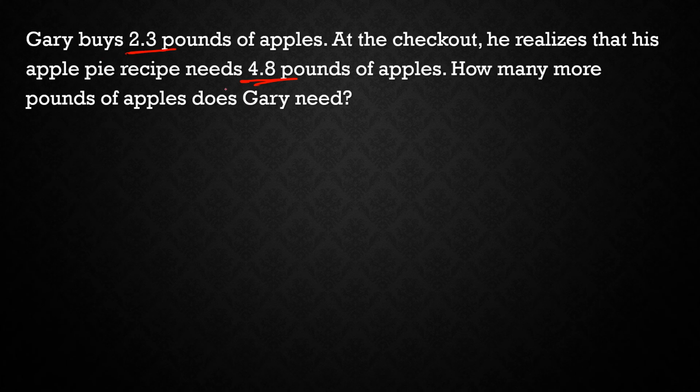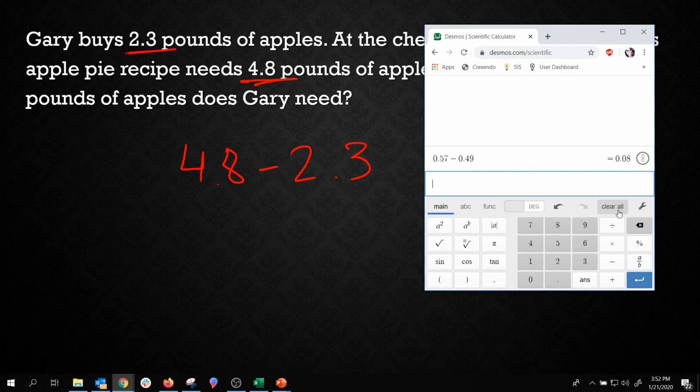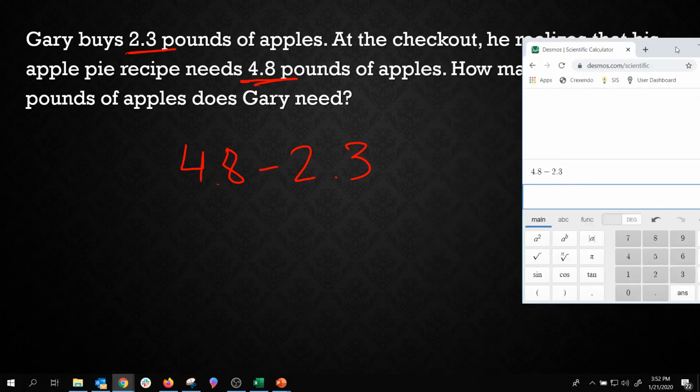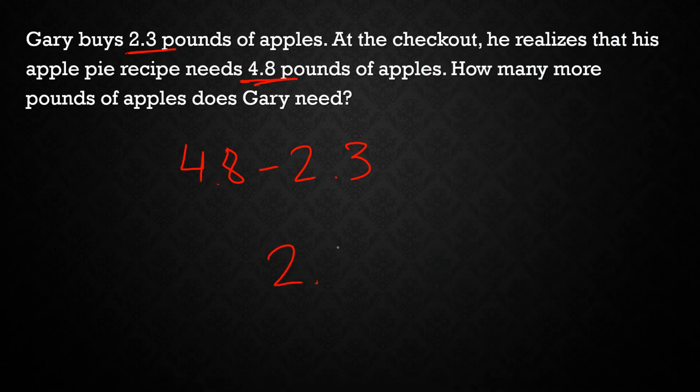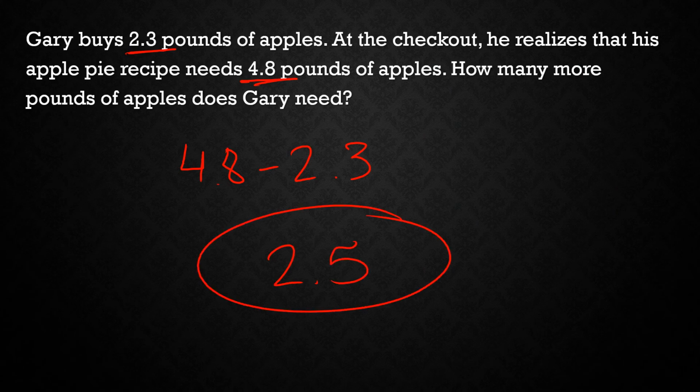To figure out how much more he needs, I'm going to take the difference of these two numbers. So 4.8 minus 2.3. And again, type it in your calculator because we're working with decimals. Don't make a silly mistake. 4.8 minus 2.3 gives me 2.5. So he needs 2.5 more pounds.